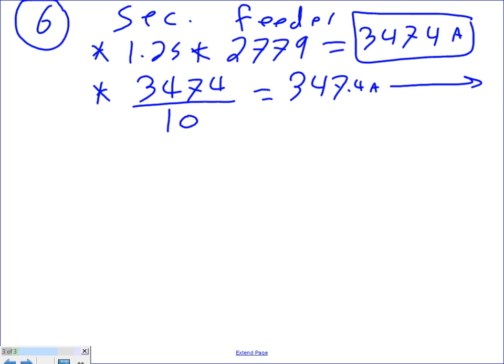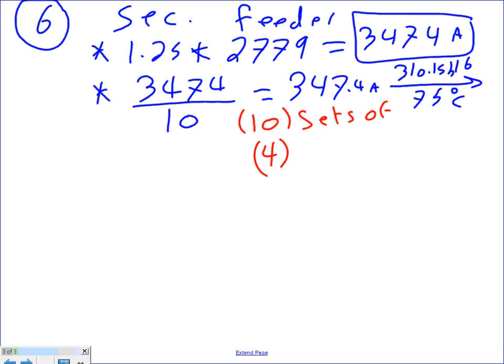Take it to Table 310.15(B)(16), 75 degree column. That will give me 380, that will give me 500, right? So 10 sets of, I'm going to have full neutral, 4 conductors, 500 kcmil.